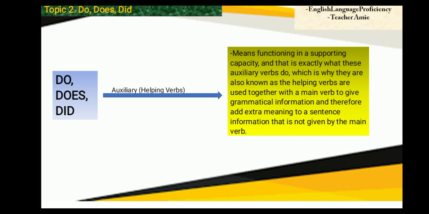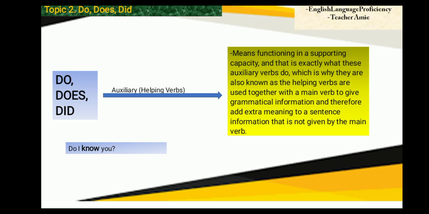And they are used with a main verb to give grammatical information and therefore add extra meaning to a sentence, information that is not given by the main verb. So when you say helping verbs or auxiliary verbs, they are not the main verb in the sentence. They function for a certain role, that is to give emphasis or whatever, or to signal question, something like that.